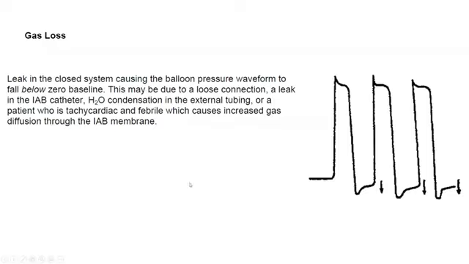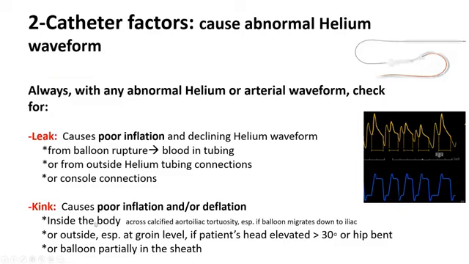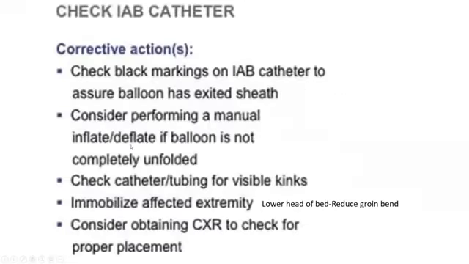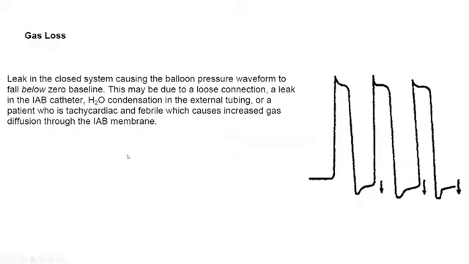Now, this is a waveform of a poor balloon inflation, where typically you'll see the inflation get less and less with every cardiac cycle. Typically it's due to a leak, but like I said, it can also be due to a kink. So you verify all the things we talked about.